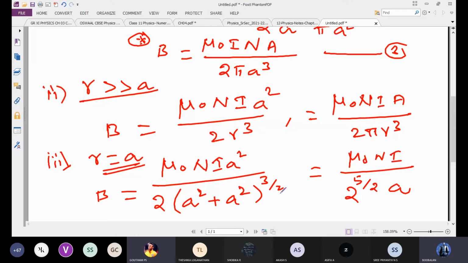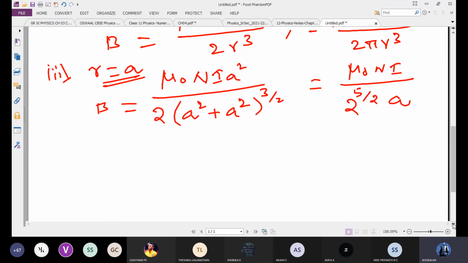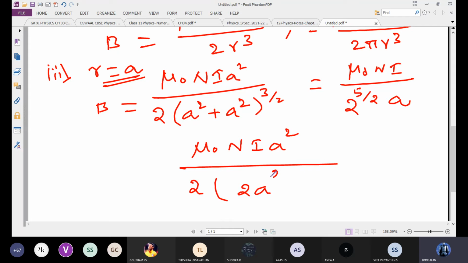Yes sir, 2 power 5 by 2 power a cube. Listen now. Mu naught n I a square divided by 2 into 2 a square power 3 by 2.